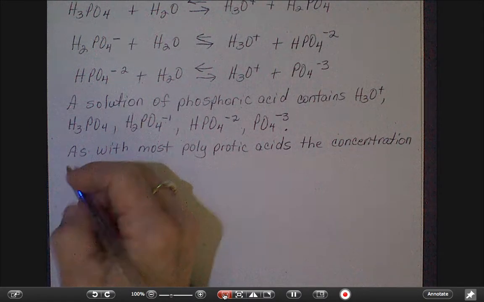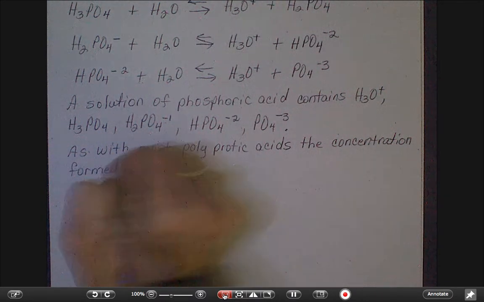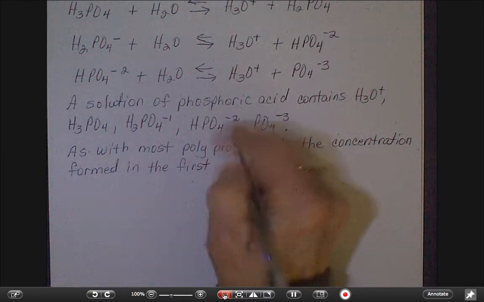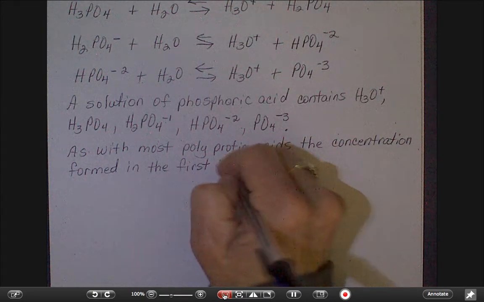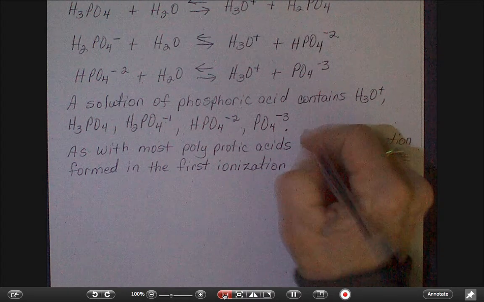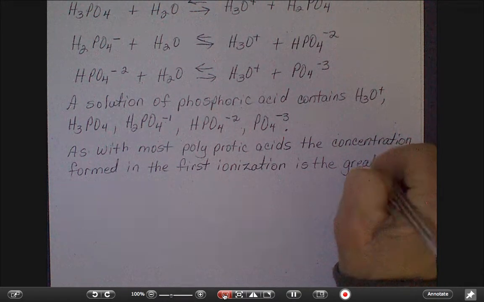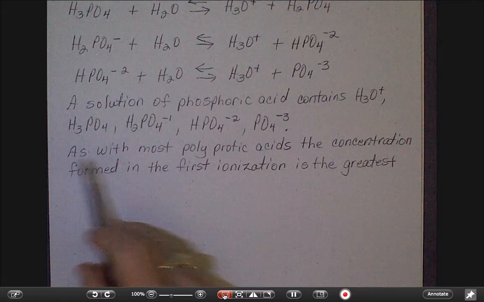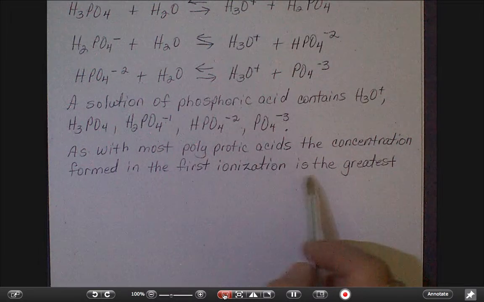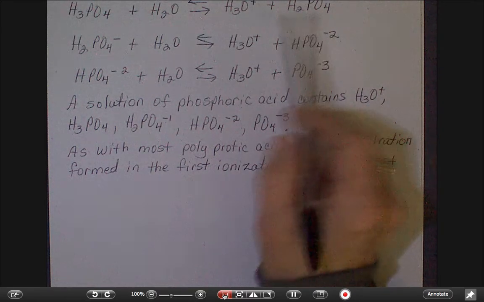The concentration of ions formed in the first ionization is the greatest. So let's go back and read that again. As with most polyprotic acids, the concentration formed in the first ionization is the greatest. So therefore, there's mainly H2PO4 running around.